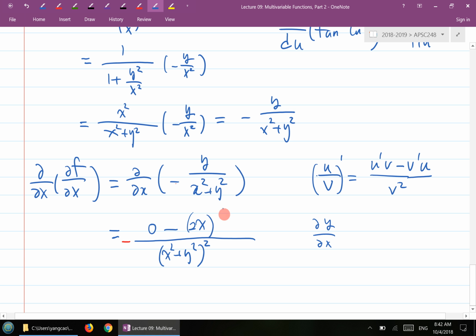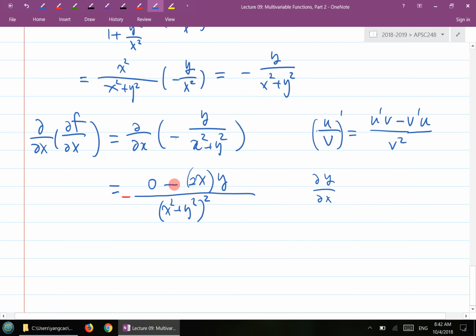Times u, and u is y here, so you put it back. Then the negative and negative cancel each other, so you get 2xy over x squared plus y squared, squared. That's the result of the partial derivative.